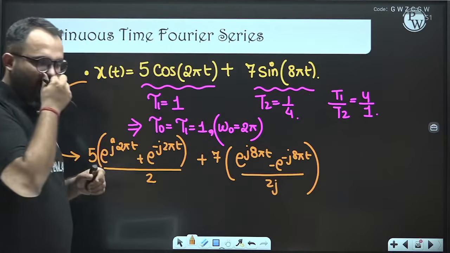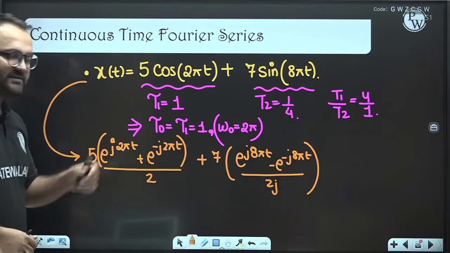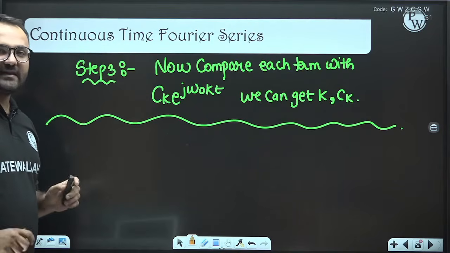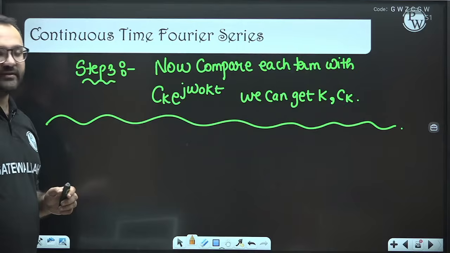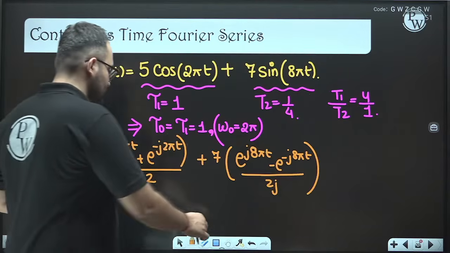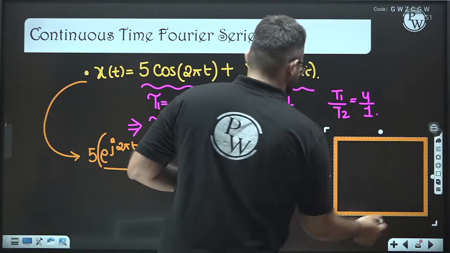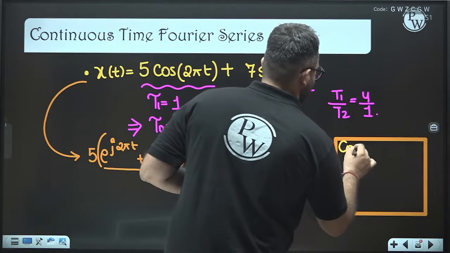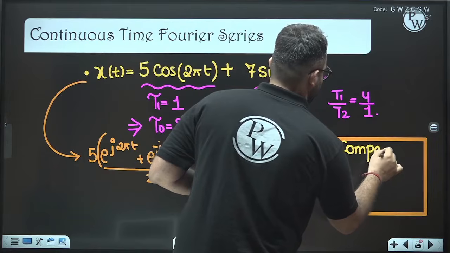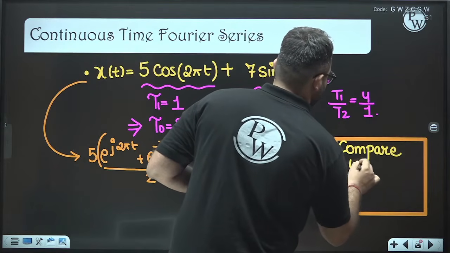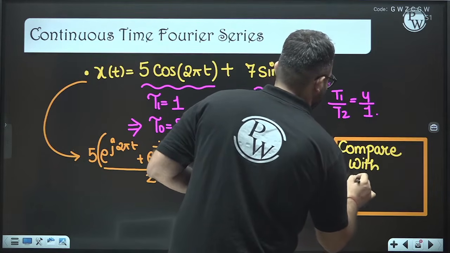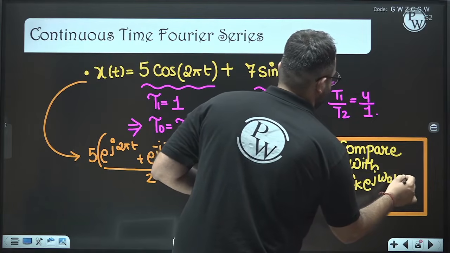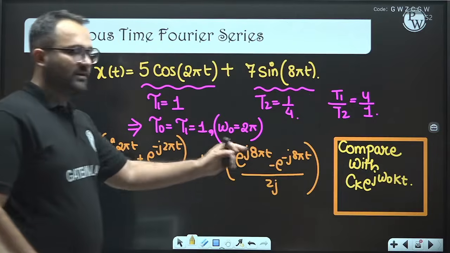Now we'll compare all the terms of this xt with ck e to power j omega naught kt. Okay. Now we'll compare these terms.